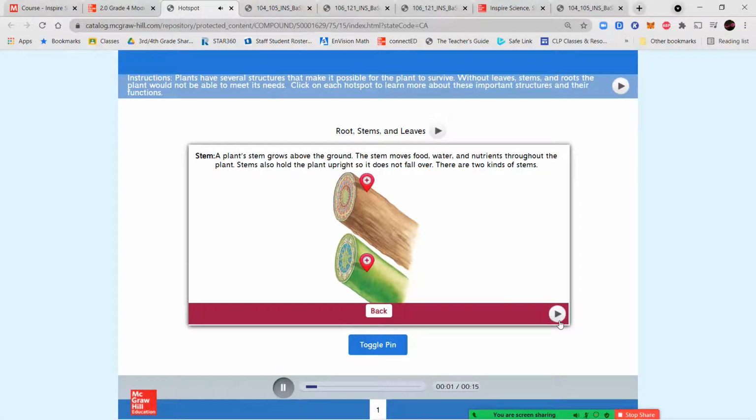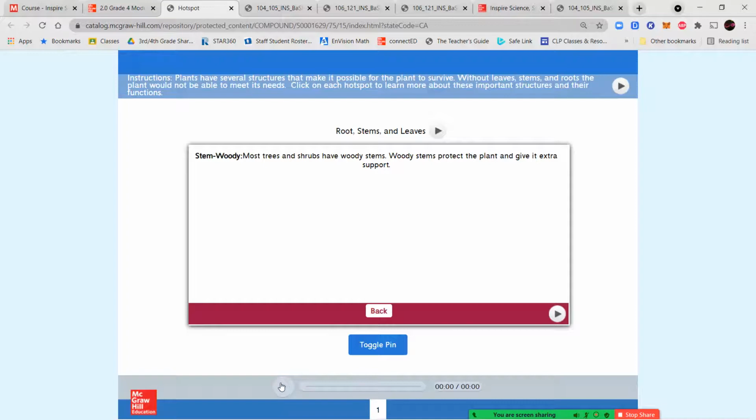Stem. A plant stem grows above the ground. The stem moves food, water, and nutrients throughout the plant. Stems also hold the plant upright so it does not fall over. There are two kinds of stems. Stem, woody.